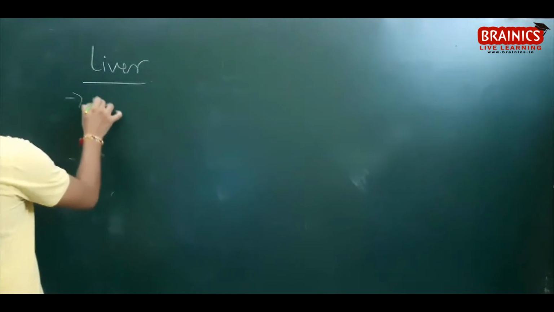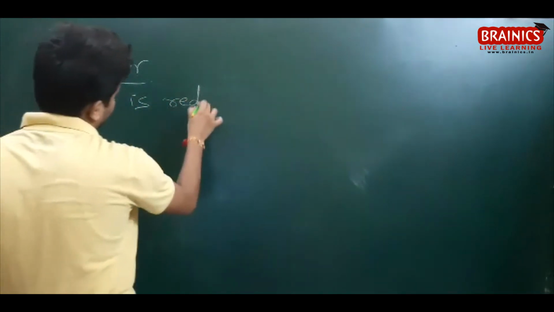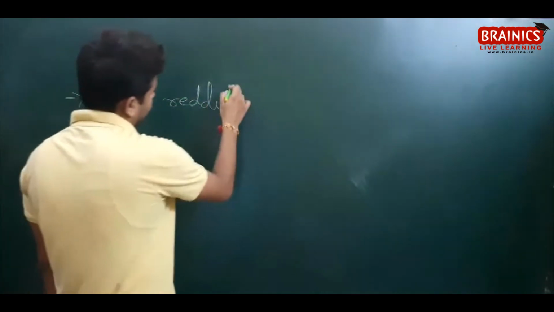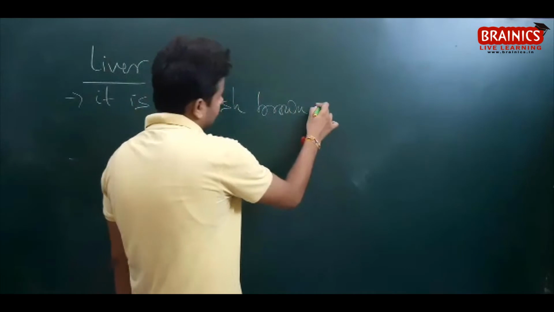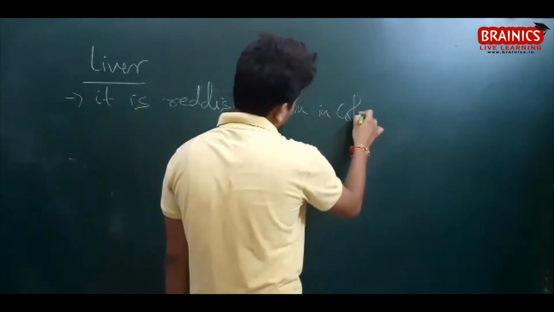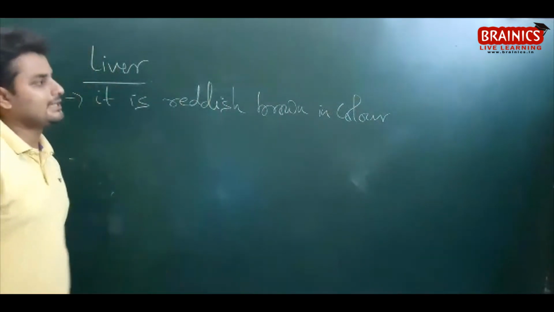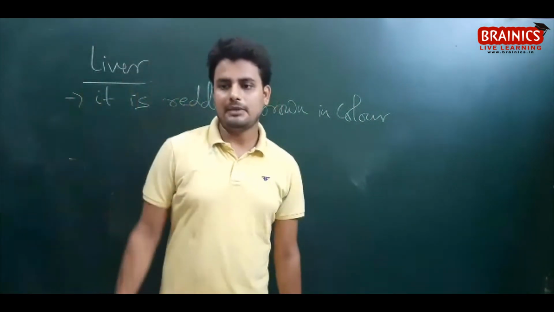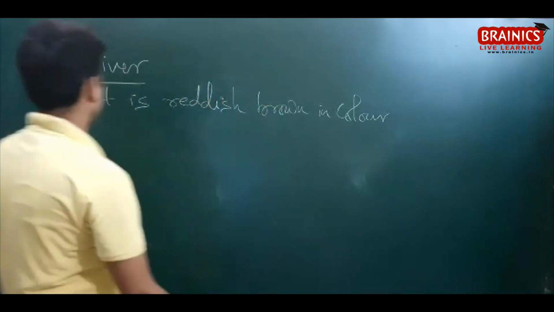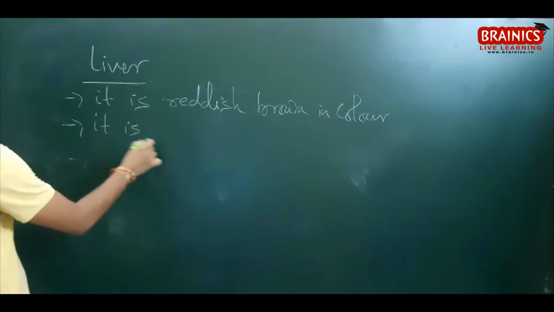It is reddish brown in color, and it is situated in the upper right side part of the abdomen.